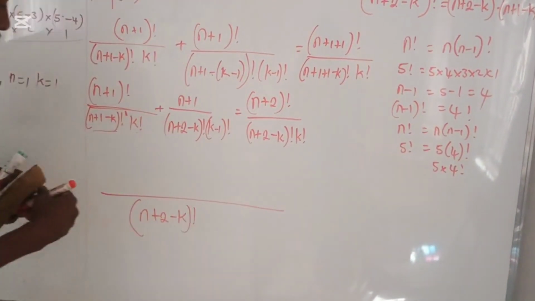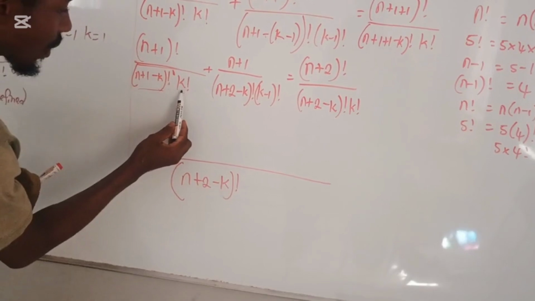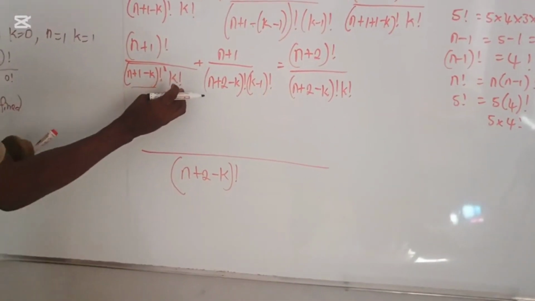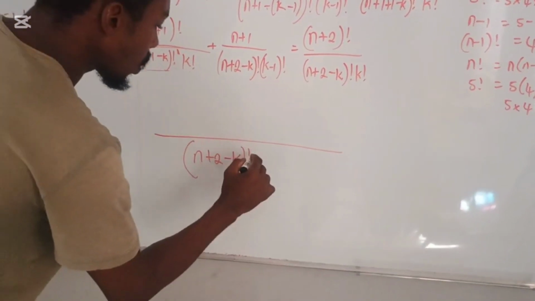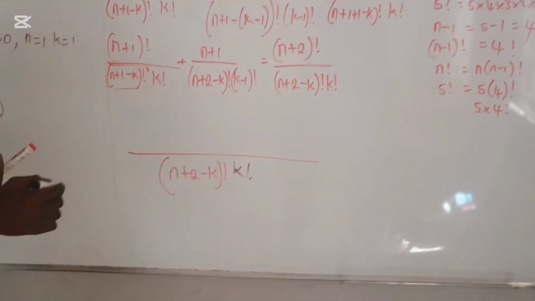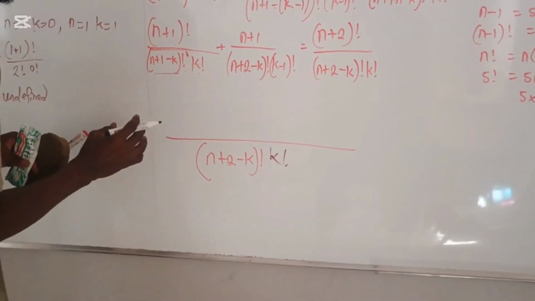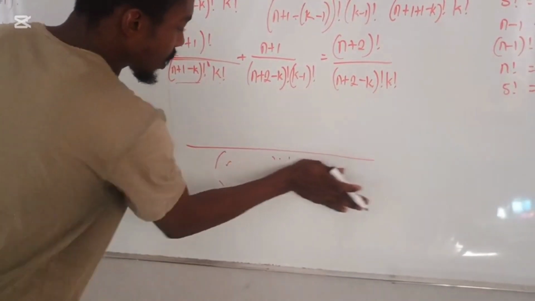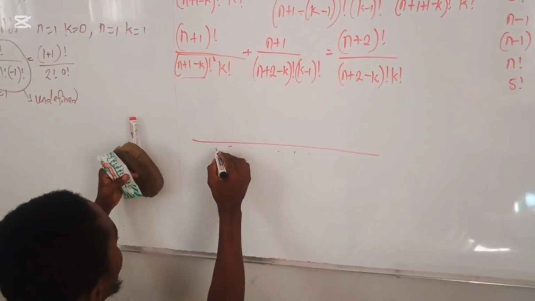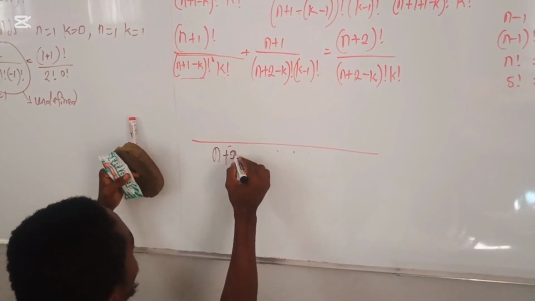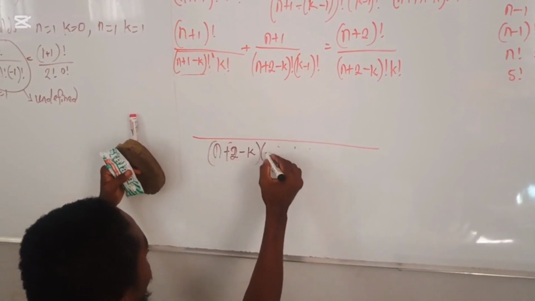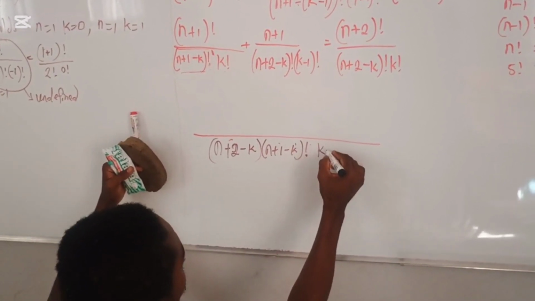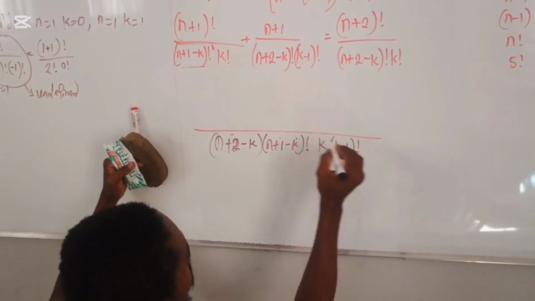Where I'm going is, here we have k factorial and here we have k minus 1 factorial. You see that k minus 1 factorial is under k factorial, so we don't actually need this. So what we're going to need is k factorial. Let me make it easier. I'll have n plus 2 minus k into n plus 1 minus k factorial, k into k minus 1 factorial.